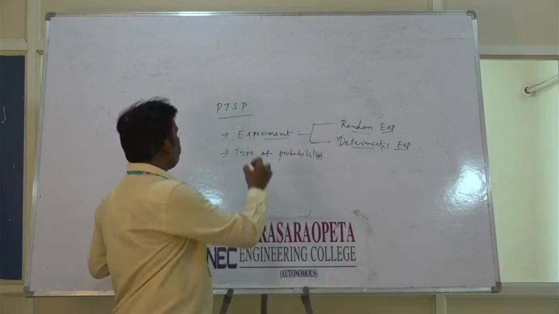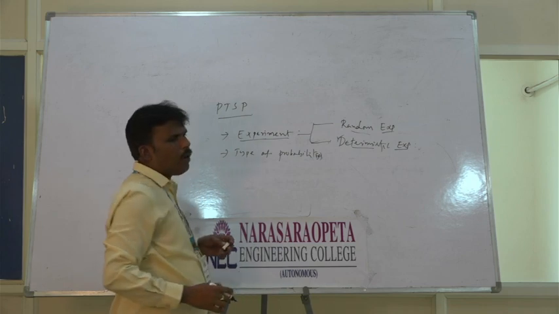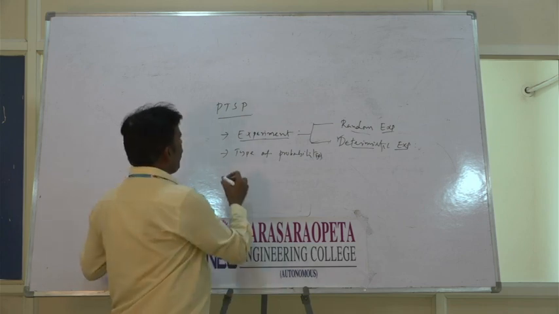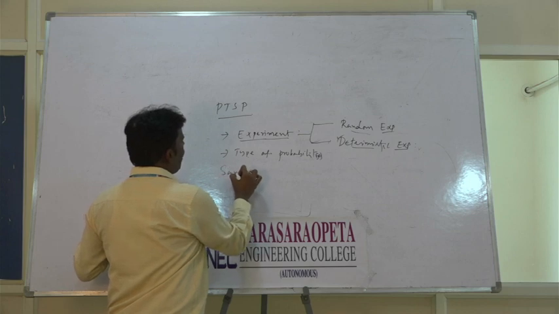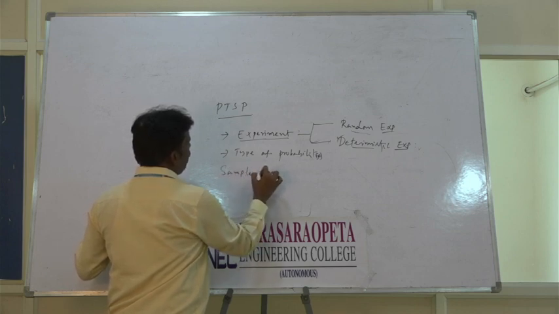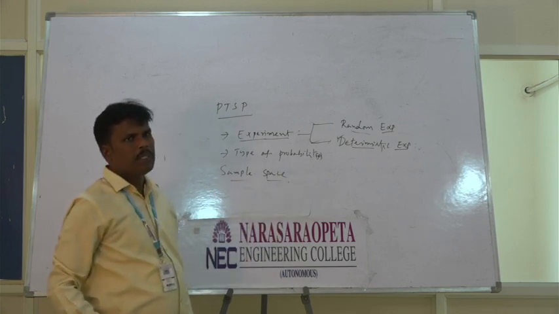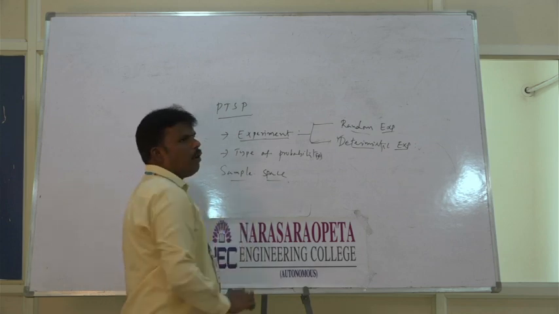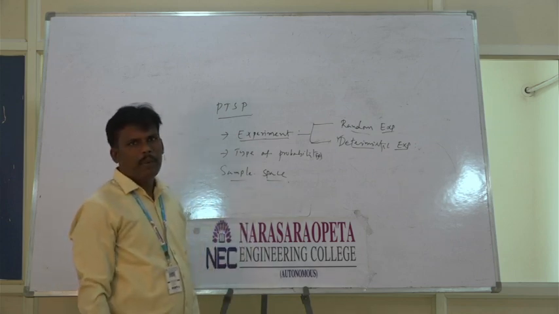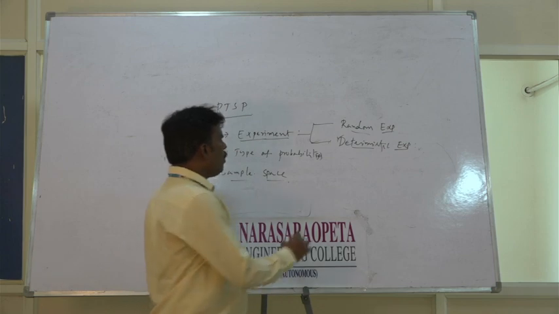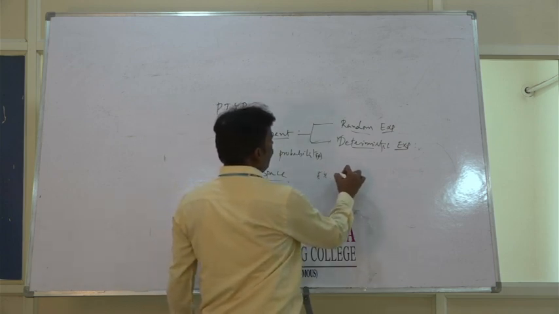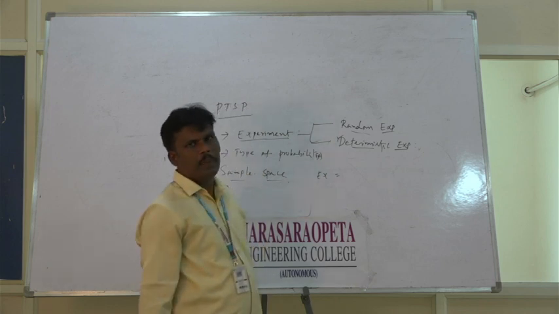Here, the collection of all elements in a given experiment is called the sample space. For example, rolling a die is an experiment.